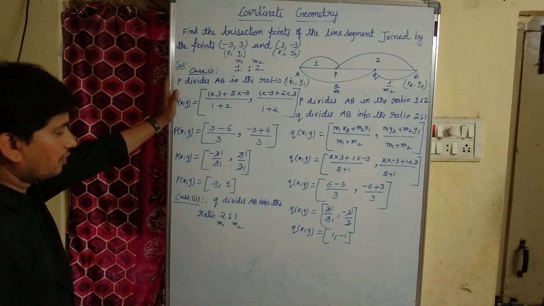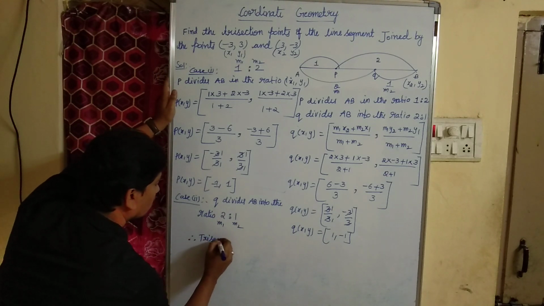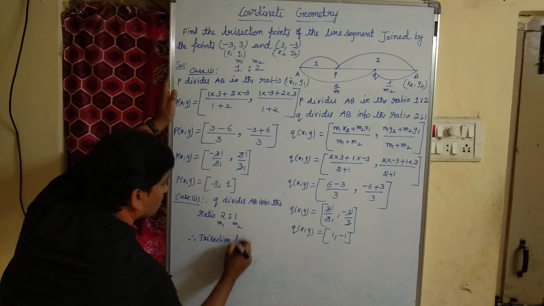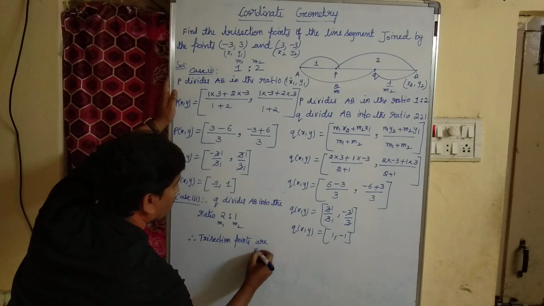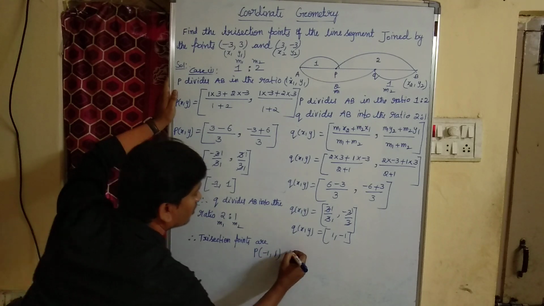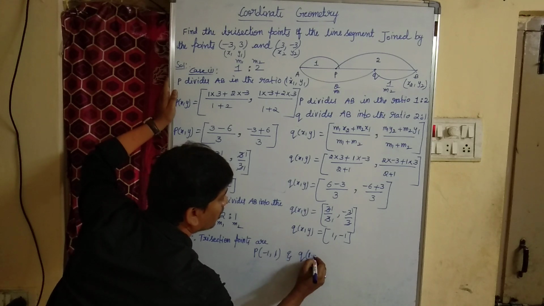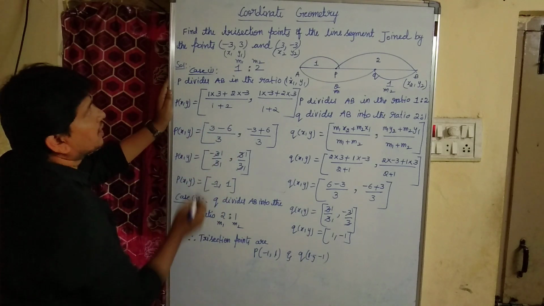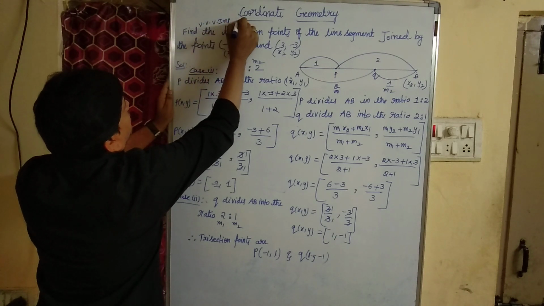So therefore the trisection points are P of minus 1 comma 1 and Q of 1 comma minus 1. Okay, children, this is very very important, an 8-mark question.